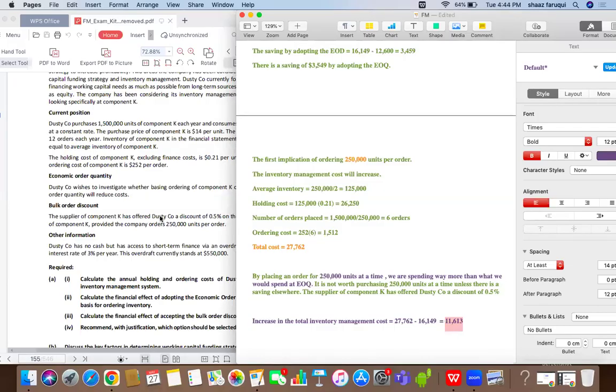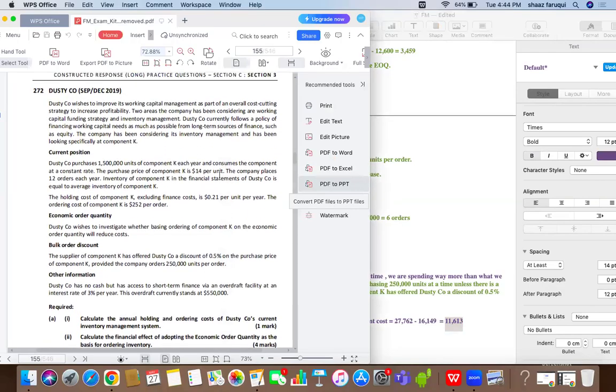Right? Now, going back, Dustico has no cash but has access to short-term finance via an overdraft facility at an interest rate of 3%. This means what? This means by holding the inventory, what is happening?